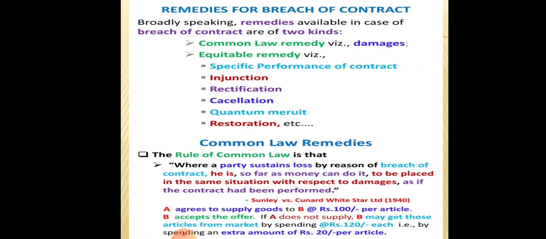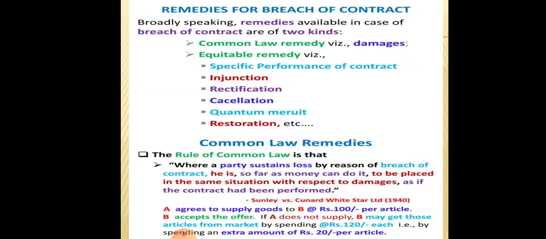Remedies for breach of contract. The remedies available in case of breach of contract are the common law remedy, that is damages, and equitable remedies. We have just discussed all these remedies. Damages are nothing but compensation. Under the equitable remedies, there is specific performance of a contract and injunction.